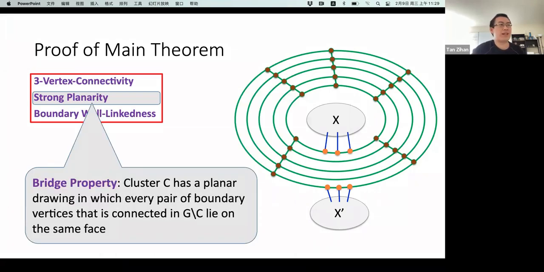So we have to relax this property a little bit. We have to replace it with a weaker property called the bridge property. Every cluster has a planar drawing in which every pair of boundary vertices that is connected in the remaining graph lies on the same face. So these three orange vertices are connected in the remaining graph, so they have to lie on the same face. And these three are connected in the remaining graph, so they have to lie on the same face.